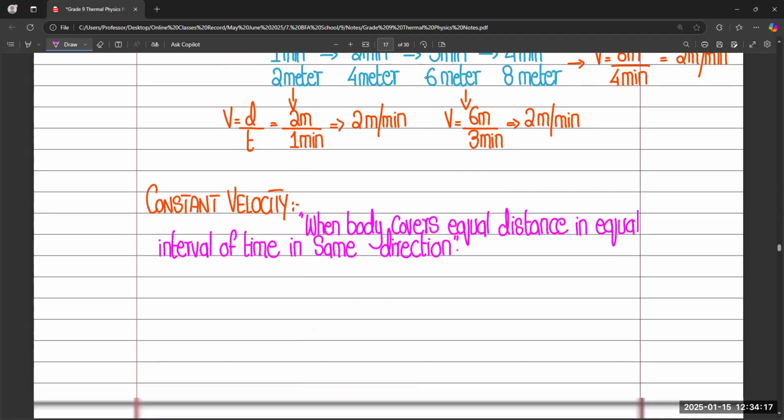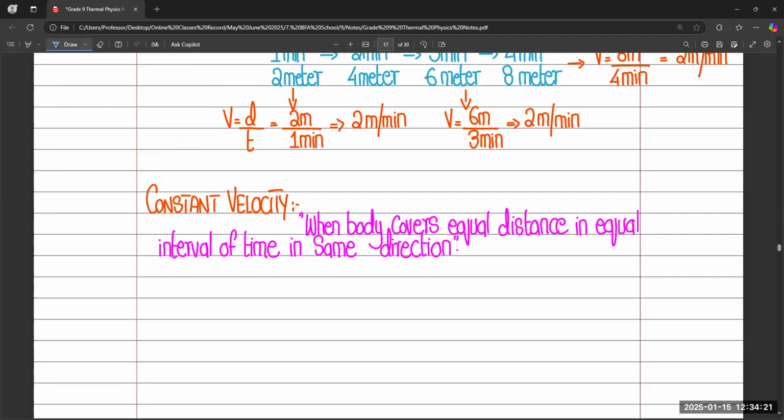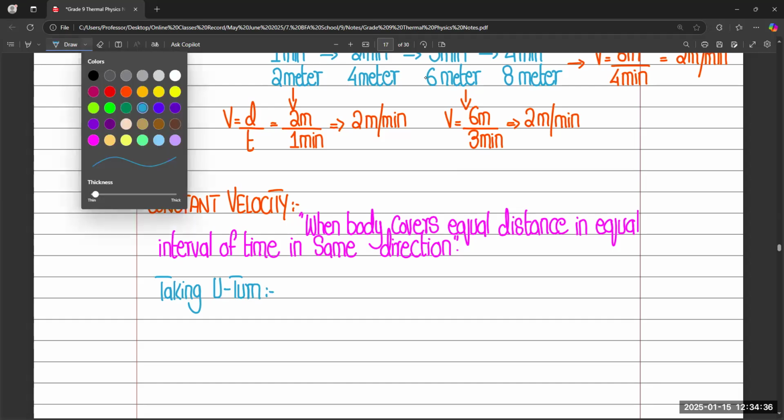For example, when we are taking a U-turn, there are two possibilities.